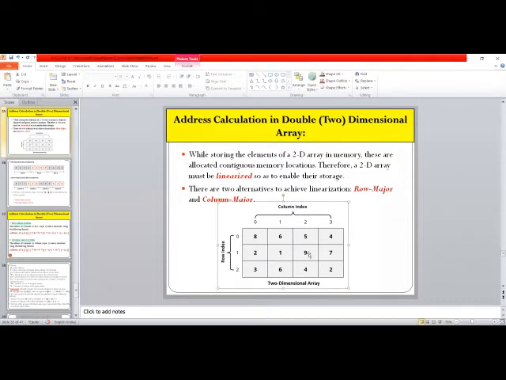Let us say in this figure I want to find out the address of 9. So there will be two subscripts for this one: one is the row subscript and the second one is the column subscript. This 9 is stored at row number 1 and column number 2. So i is 1 here and j is 2 here. So A of 1, 2 is 9.